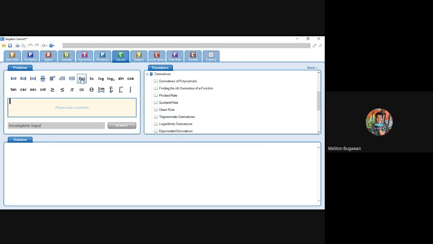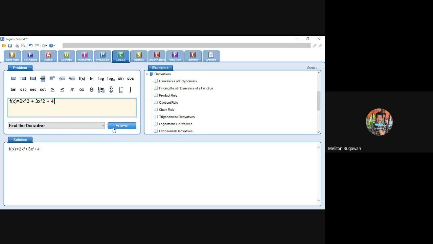For example, we have the function f of x is equal to 2x cubed plus 3x squared plus 4. We are going to find the derivative of that function. As you notice, we are applying here the difference and sum of a function.